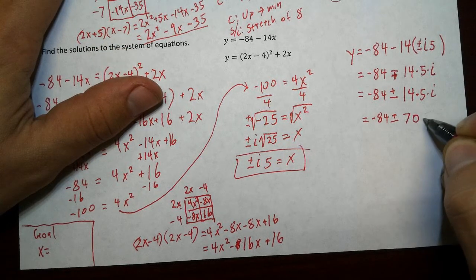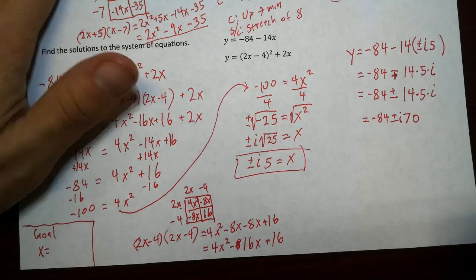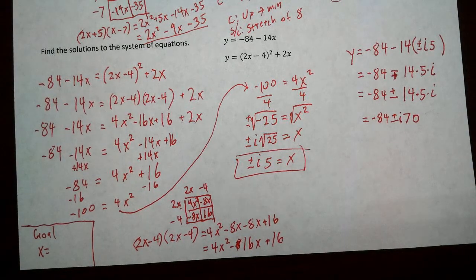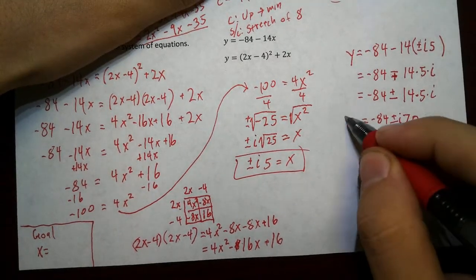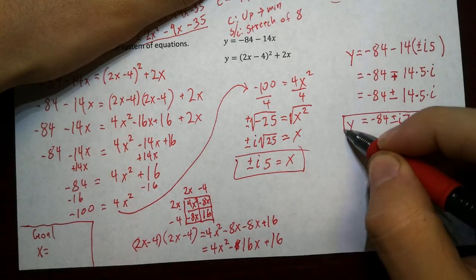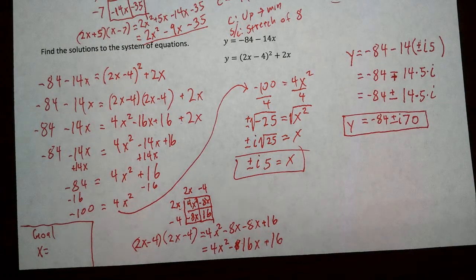That was just 70. Right. I'm going to put the i back in front just to be proper about it. Okay? And remember, that is what y is equal to. Cool. Awesome.